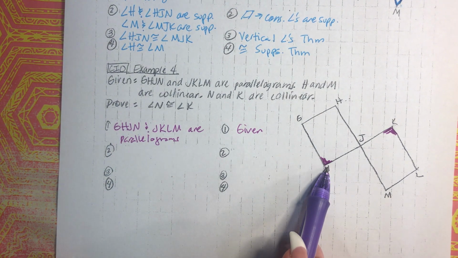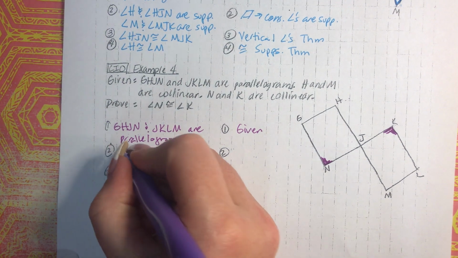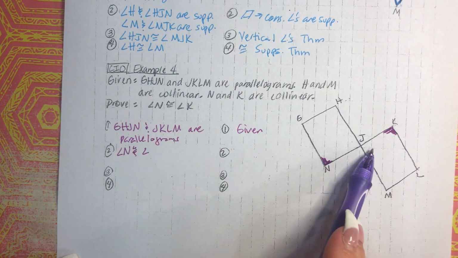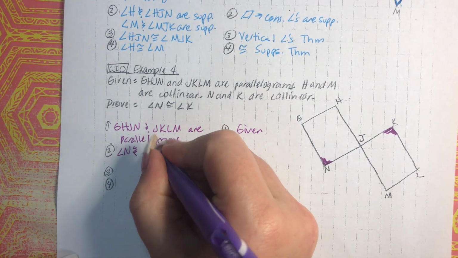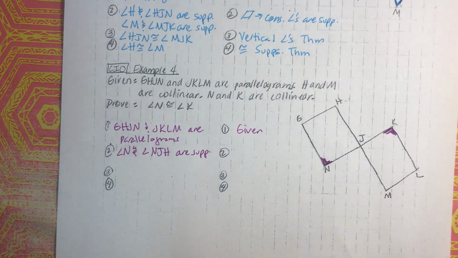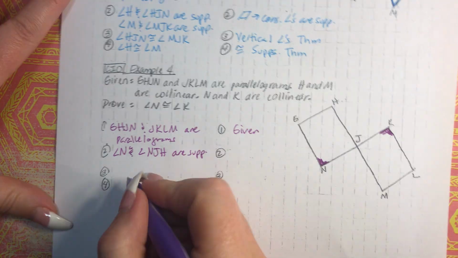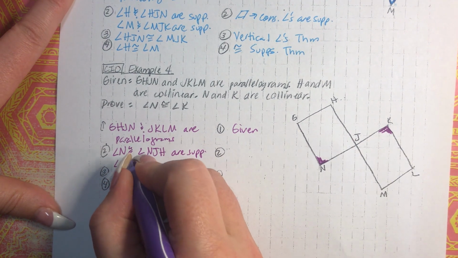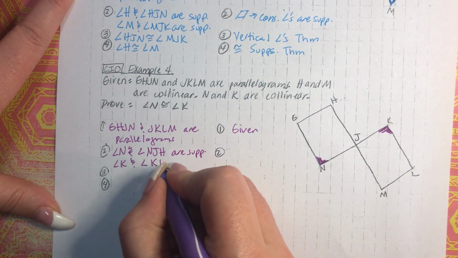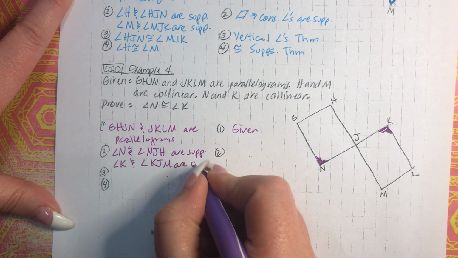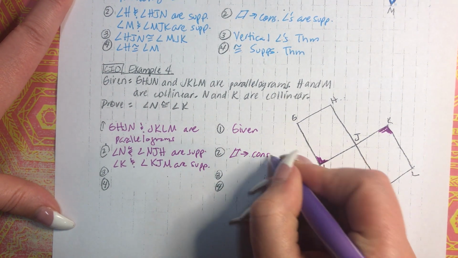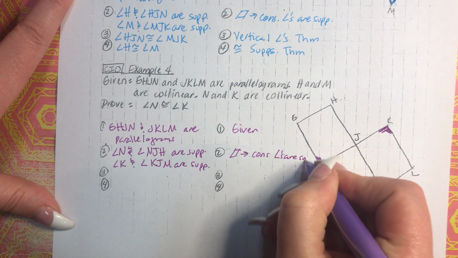Angle N and angle NJH are supplementary, and angle K and angle KJM are supplementary. That's just if it's a parallelogram, then the consecutive angles are supplementary, right?